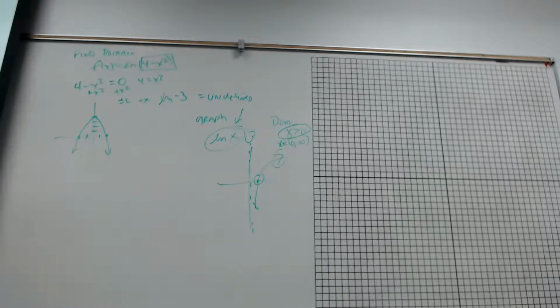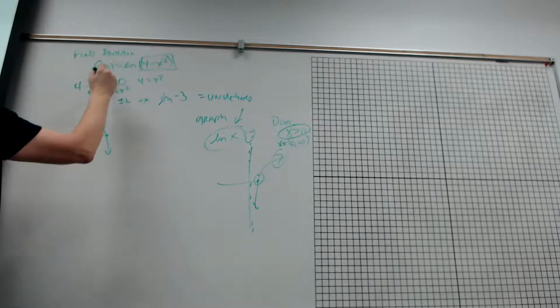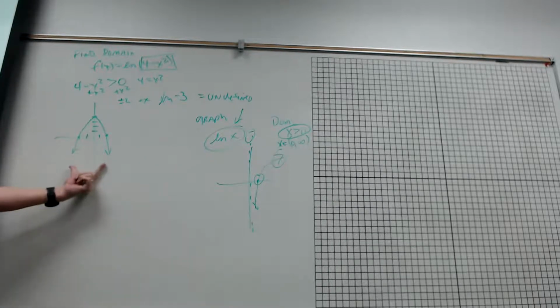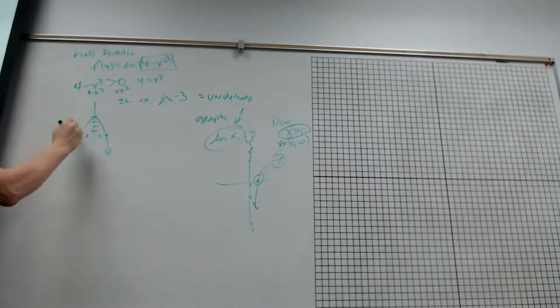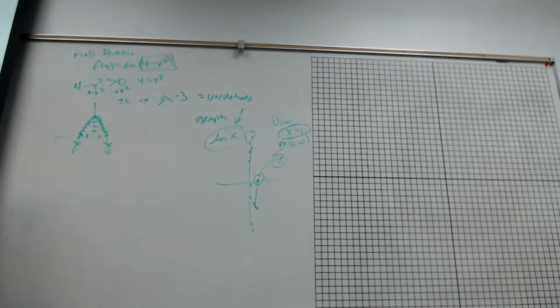Okay? Remember, this doesn't equal 0. It has to be strictly greater than 0. Where is my graph greater than 0? Where is my parabola greater than 0? It's above, right? All of these are valid numbers. All of these are not valid numbers.